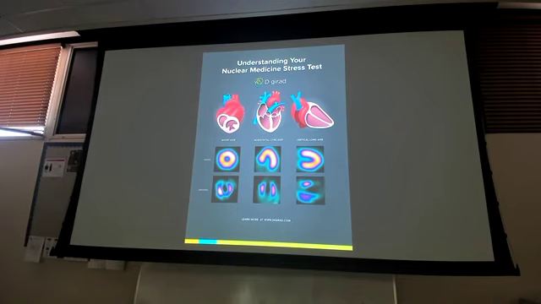When it doesn't, here's my abnormal on the bottom. It gives you cuts in the different areas of the heart, but it shows you the difference between normal and abnormal. When you have the decreased signal or decreased color, that means those are areas of the heart that are not being perfused with oxygenated blood. So there's your difference between normal and abnormal.